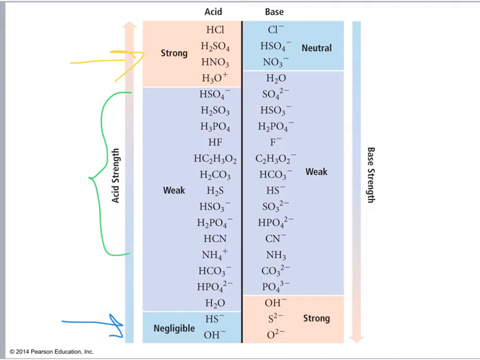They don't create any kind of acid. And then over on this side, we've got all these weak bases, right? We have some strong bases down here at the bottom, right? And then we have relatively neutral species up here at the top, right?